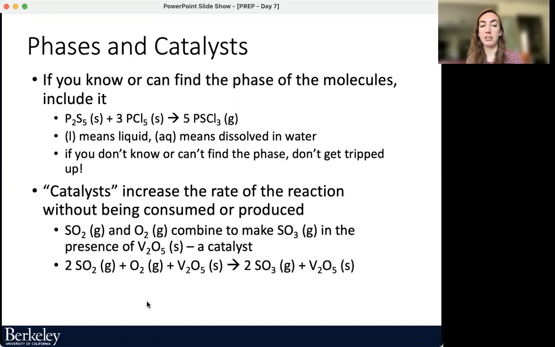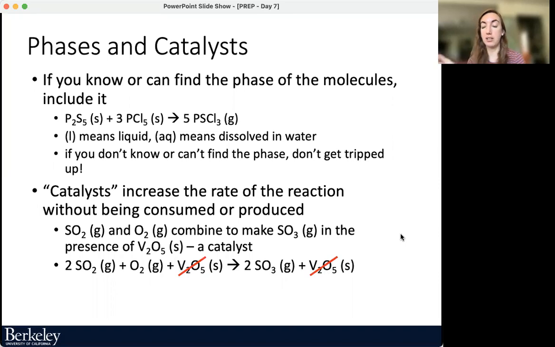If we balance that reaction, we could say that 2SO2 plus O2 plus V2O5 goes to SO3 plus V2O5. And so that V2O5 catalyst, because it's not either consumed or produced, if it's there at the beginning, it's still there at the end.